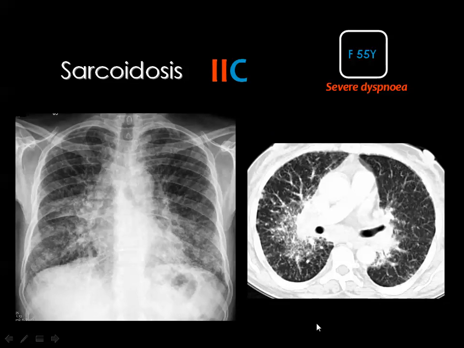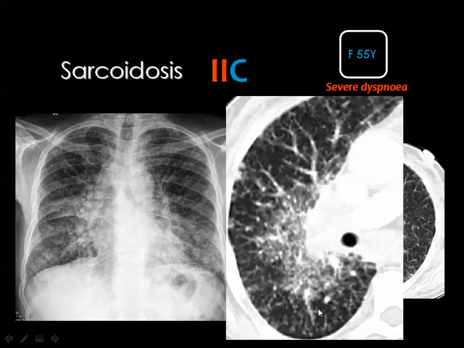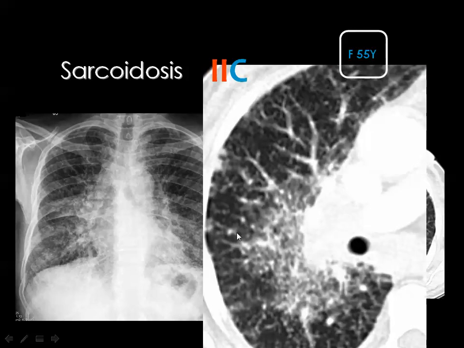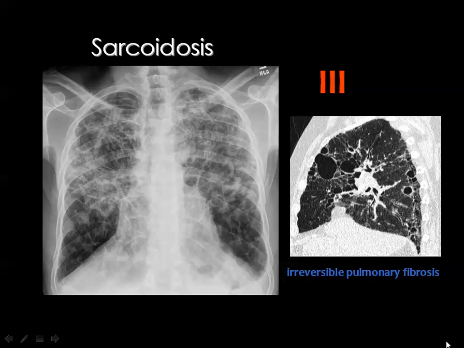And this is also a stage 2C sarcoid, where you can see enlargement of the hilar shadows due to lymphadenopathy, as well as perilymphatic distribution of the nodules together with interstitial opacities. And the longest-standing disease will lead to pulmonary fibrosis, and you get the full-blown picture that has been previously mentioned in the form of traction bronchiectasis, honeycombing, interstitial opacities, and ground glass areas.